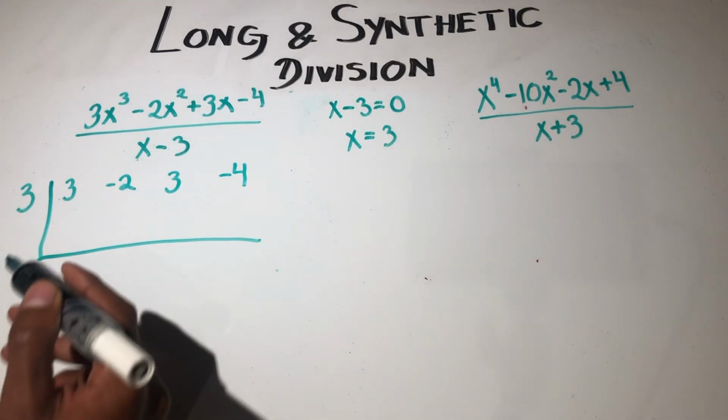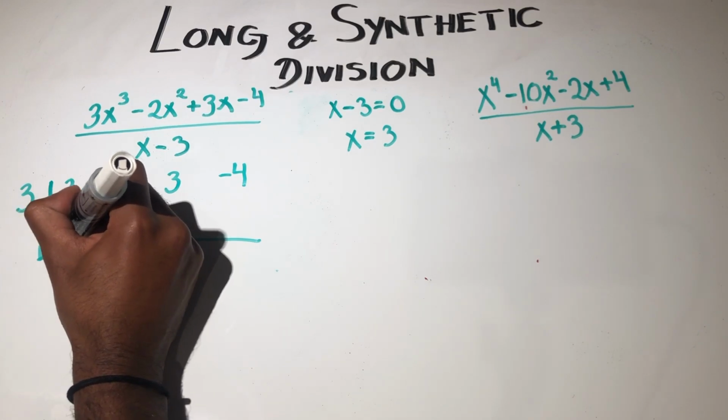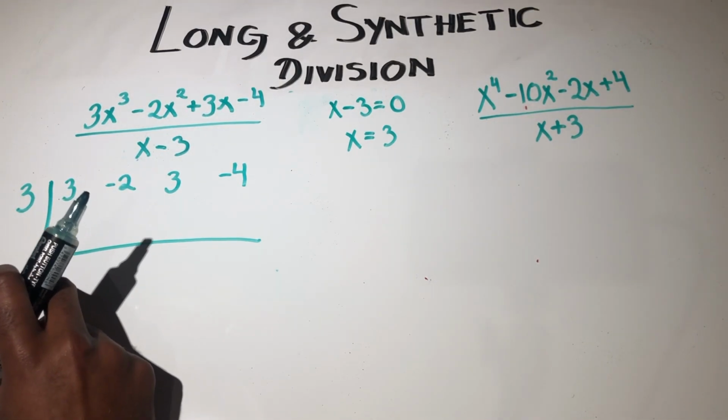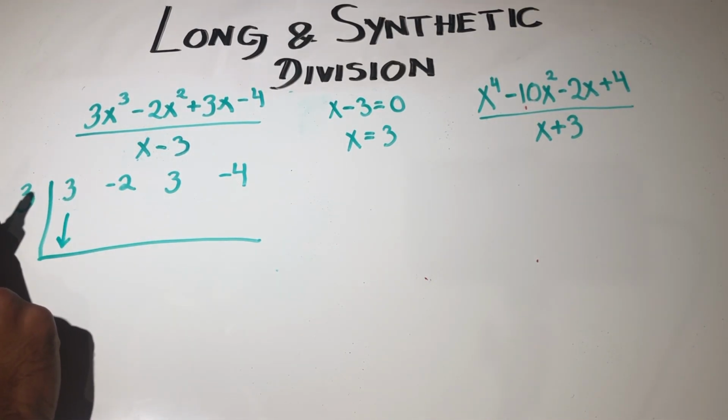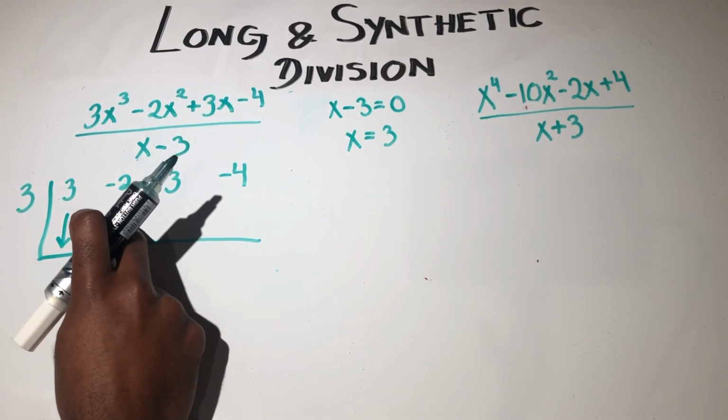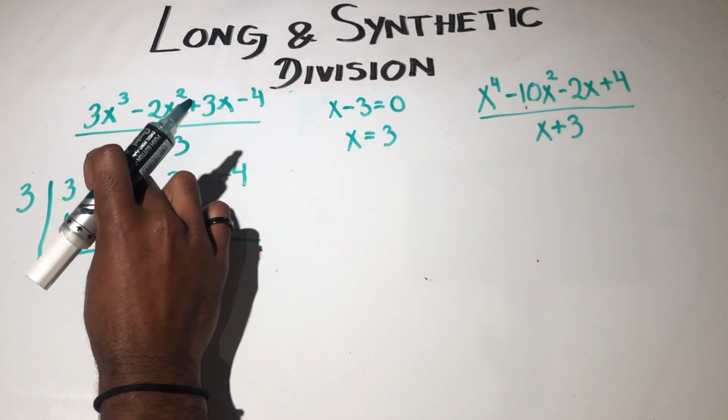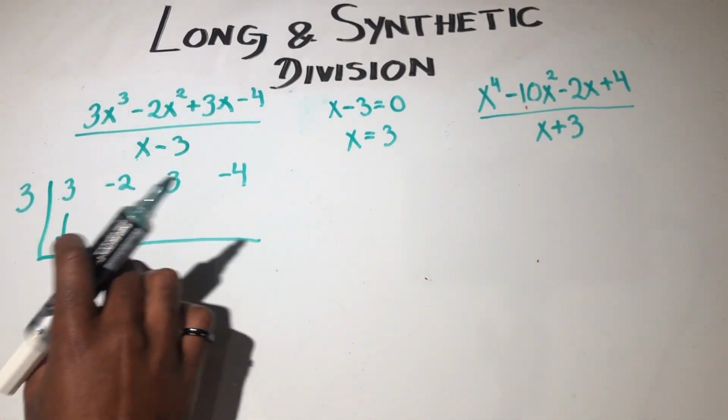The way to do this is that you're going to bring down the first term, write it here, and then multiply this term by 3. Then you're going to write the number right here. Then you're going to add these numbers, and this process just goes over and over.